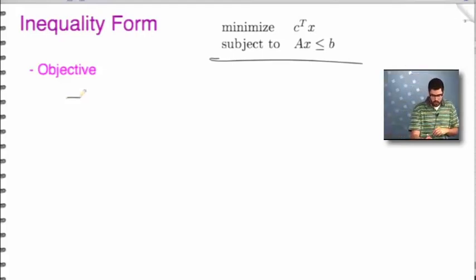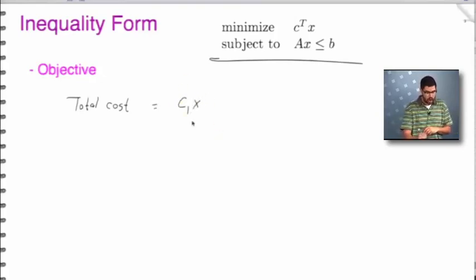And I'm going to say the total cost is equal to, well, C1, the cost per serving of food 1, times the amount of food 1 we bought, and so on and so forth, all the way up to Cn times Xn, and that's going to be my total cost. And what we want to do is minimize that.